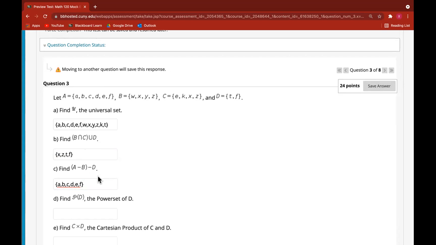So this is the same as A minus B. Now we also need to subtract D. D has T, which we would need to get rid of, but A doesn't have it. And we also have F, so we will get rid of the F. In other words, we are looking for the elements in A, but not in B and D. So anything that's in B and D cannot be in here. Good.